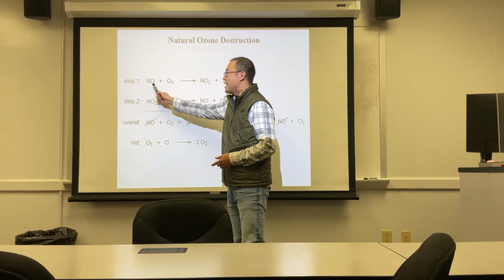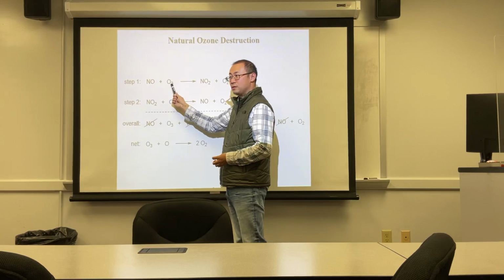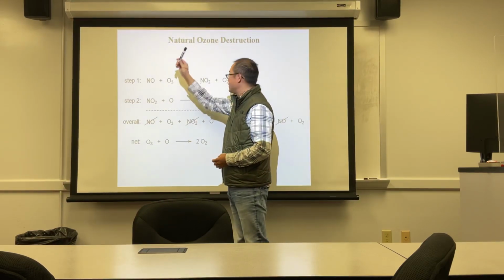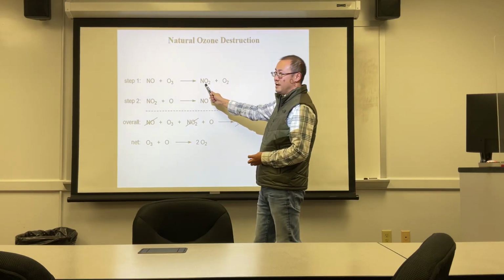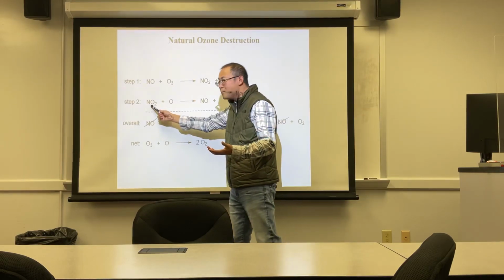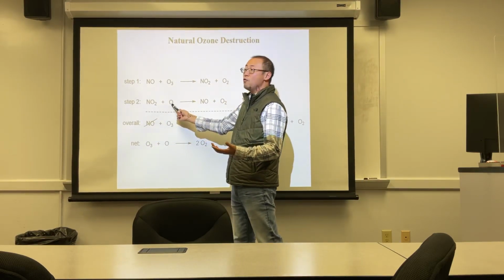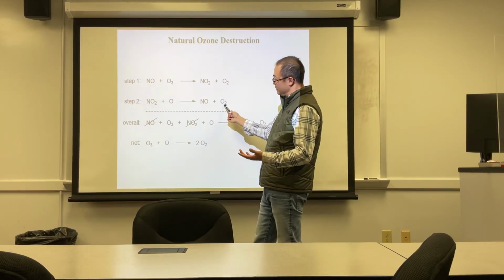First step: this is NO, the free radical, right? It reacts with ozone to give what? O2 and NO2. That's the first step. Then NO2 reacts with O to give back the NO and what?